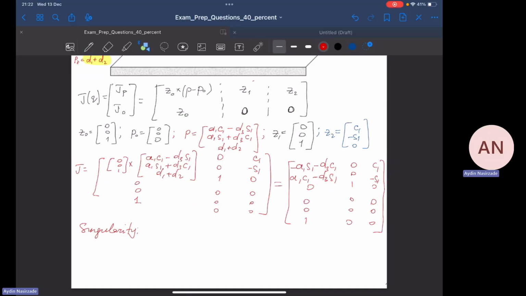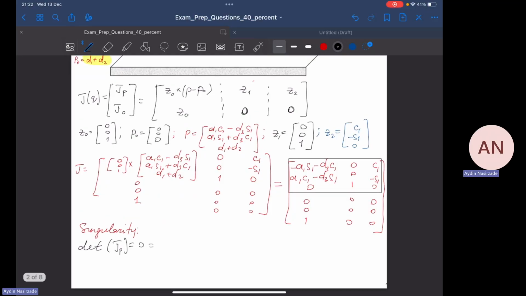Now, we have to choose the JP part, which is the linear contributions of the joint velocities to the velocities of the end effector. All right, so JP, and you have to find the determinant of the JP part of the Jacobian matrix, and you have to equate it to 0.